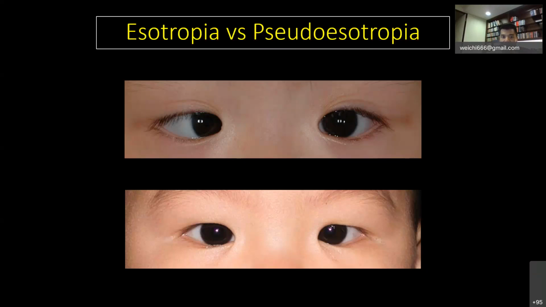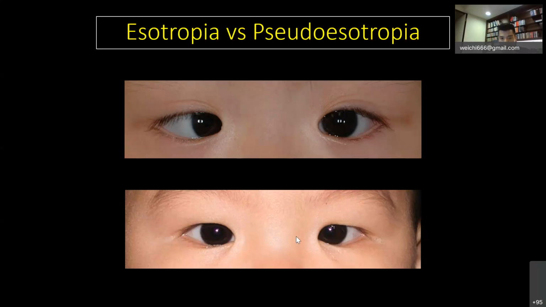That means this eye has internal rotation, so this eye has a real esotropia. How about this eye? You see the reflex here. The light reflex was actually in the center of both eyes.